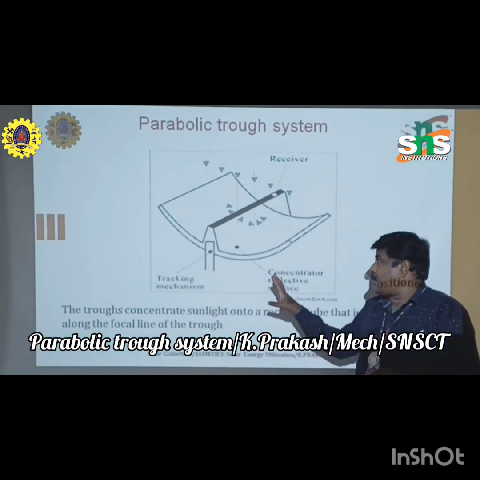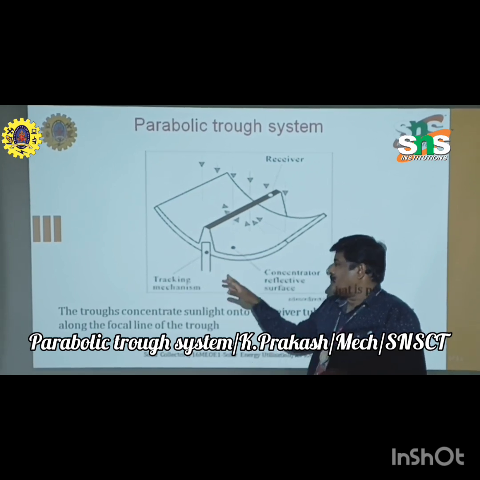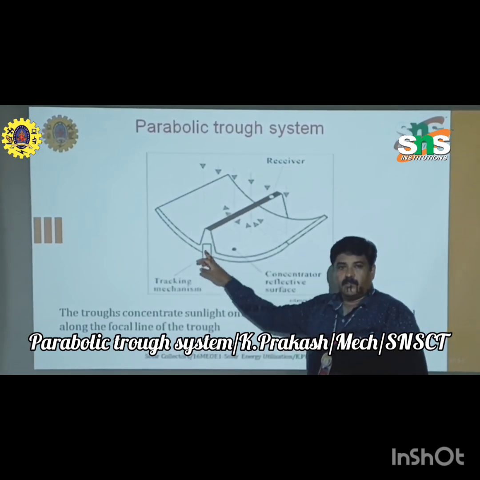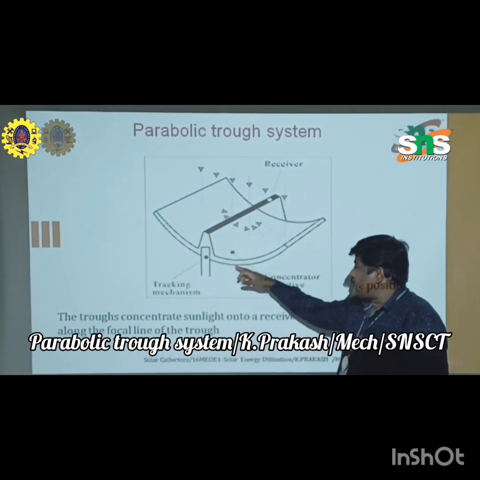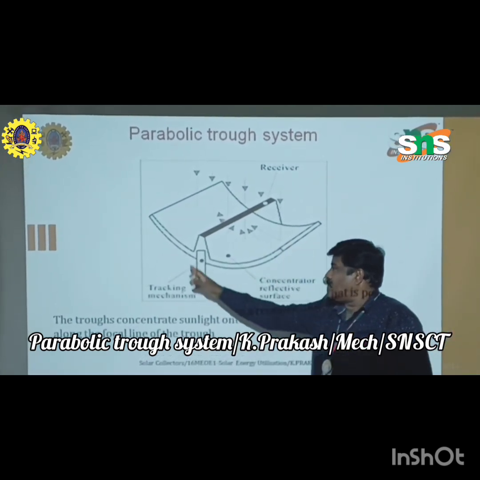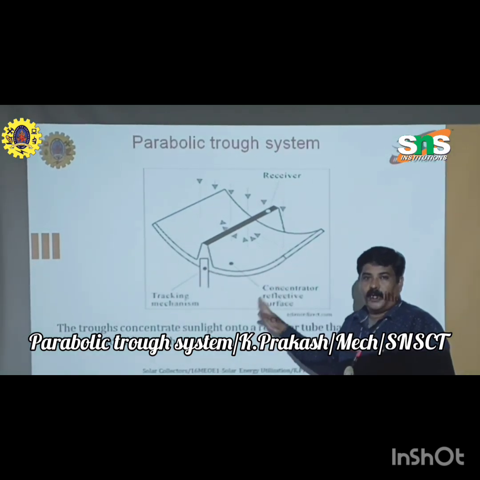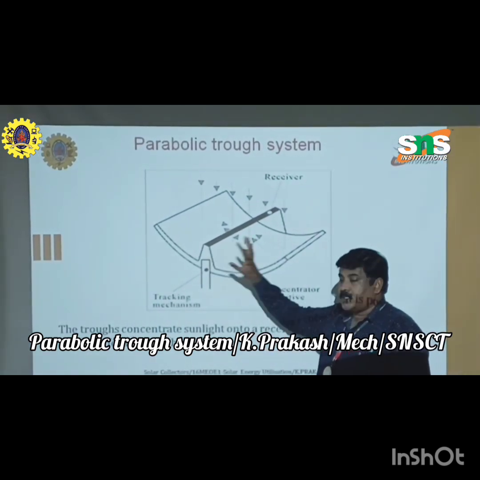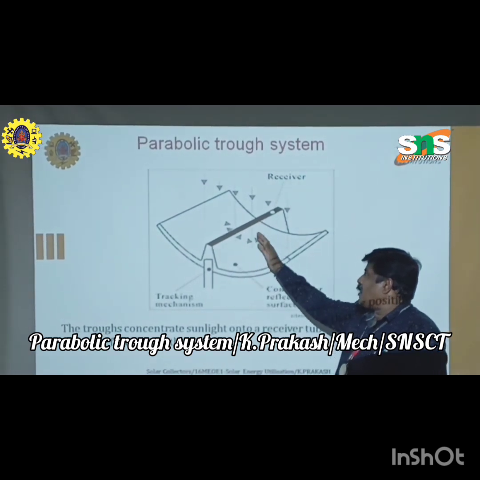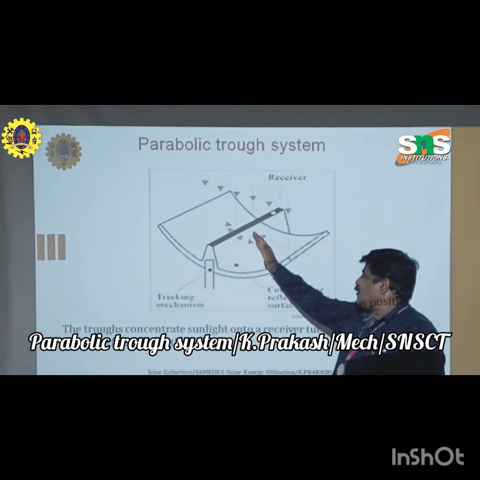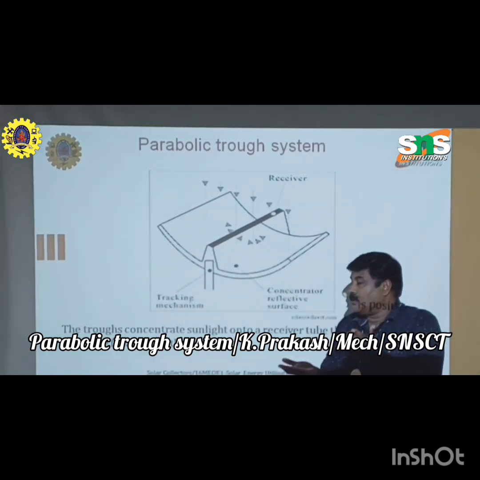To sort this out and increase the radiation falling on the trough, we use a tracking mechanism. The purpose of the tracking mechanism is that this reflective surface can rotate. Using sensors, when the intensity of solar radiation is lesser, the tracking mechanism automatically tilts or moves the curved surface.